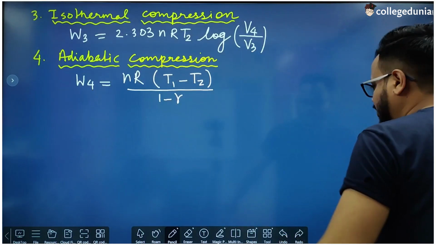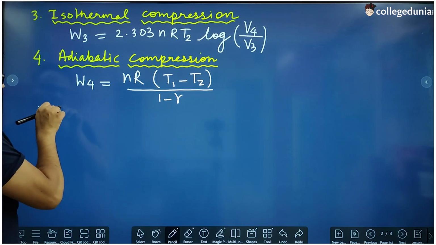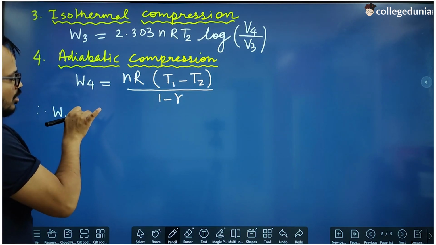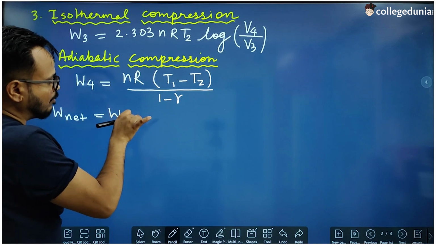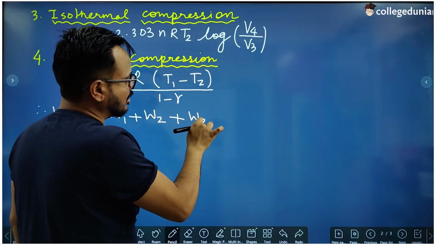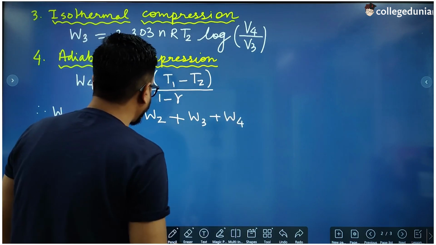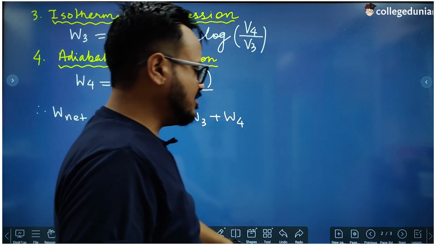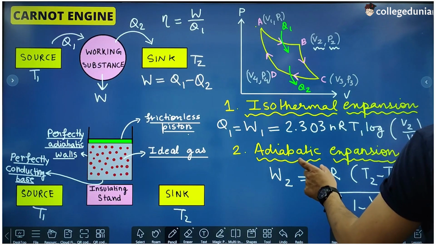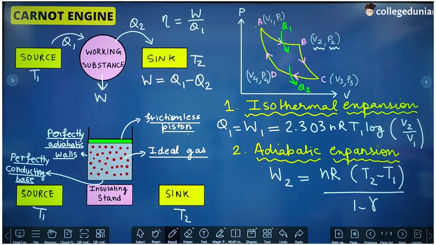Now the net work done, there are 4 processes. So the net work done, W net, is W1 plus W2 plus W3 plus W4. Okay, we can clearly see that W2 and W4 are equal but having opposite sign.